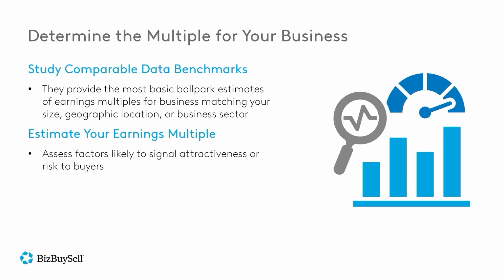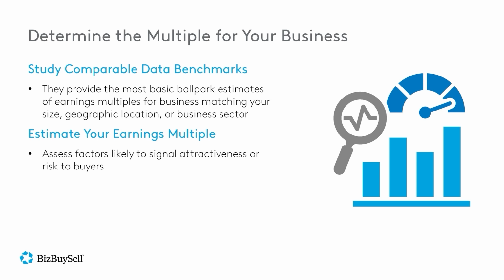To determine the multiple for your business, begin by studying comparable data benchmarks described in the previous section. They provide the most basic ballpark estimates of earnings multiples for businesses matching your size, geographic location, or business sector.